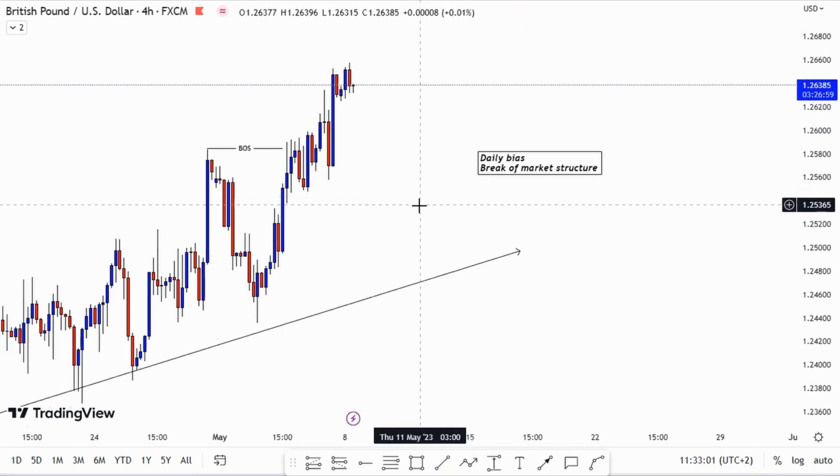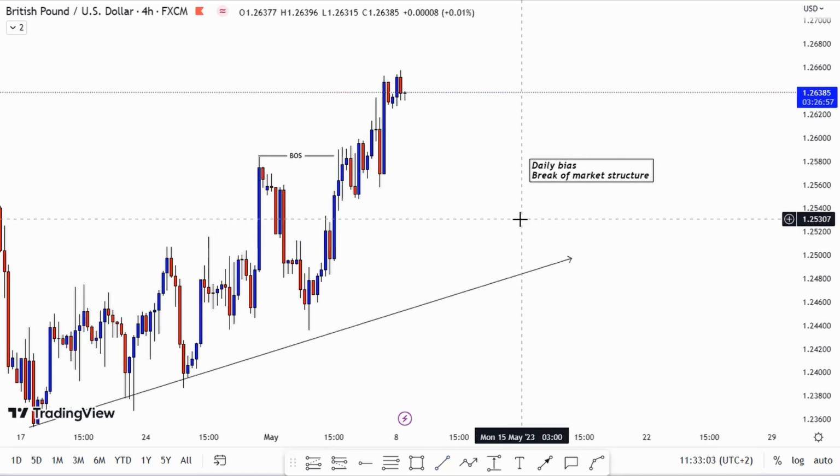After we have broken a market structure, we have to look for the main ideology of this video, which is the order block. After the break of market structure, we look for an order block or a demand area that was left behind by the market maker unmitigated.